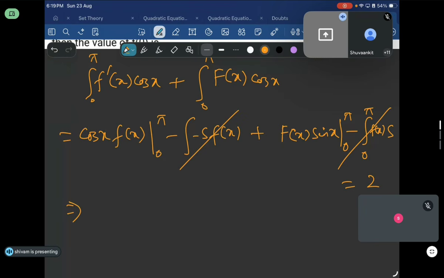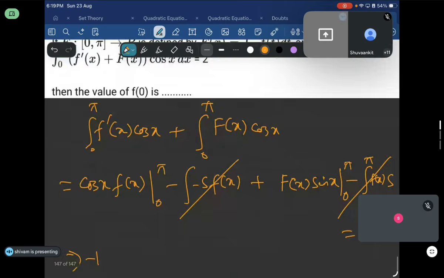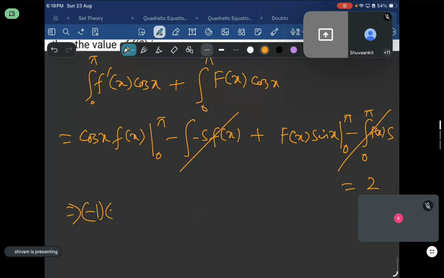Next, when you substitute pi, what are you getting? Cos pi is -1. So -1 into f of pi, which is given as -6. And when you substitute 0, cos 0 is 1. So -1 into f of 0. F of 0 we need to find out.